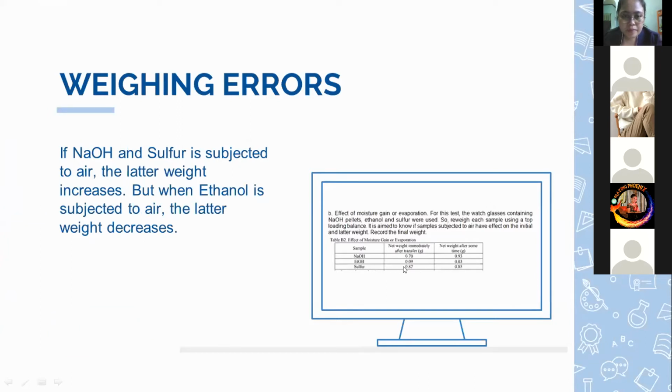And for sulfur, from 0.87, it also goes down to 0.85.